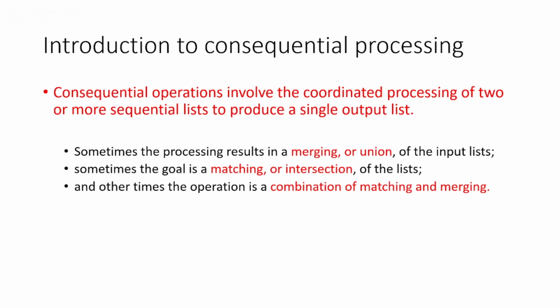Sometimes it can be a merging of lists, or we can call it a union of lists, or sometimes it can be matching of lists or intersection of lists, or other times the operation might be a combination of matching and merging. So we are going to study a co-sequential matching process and co-sequential merging process.